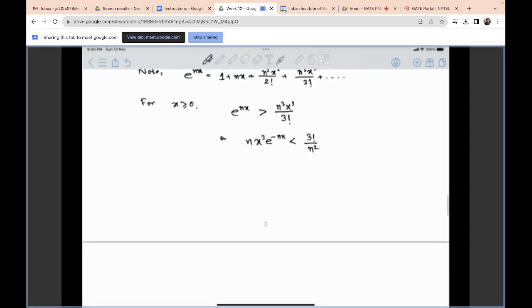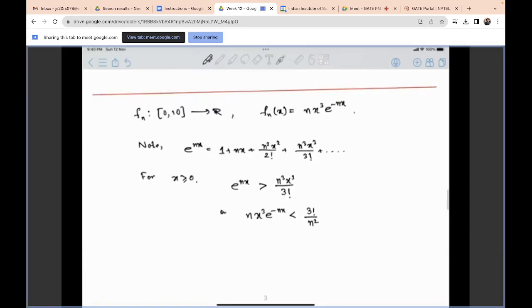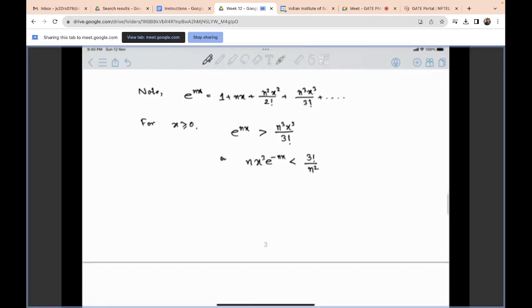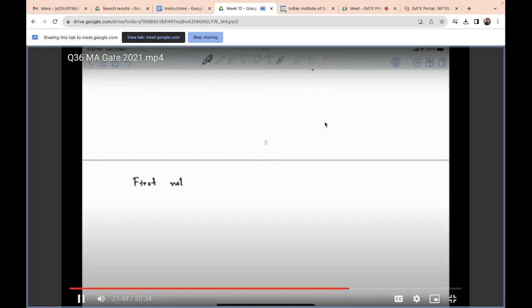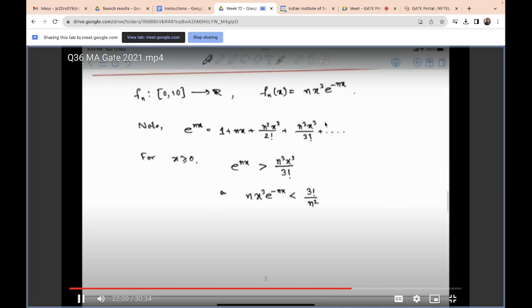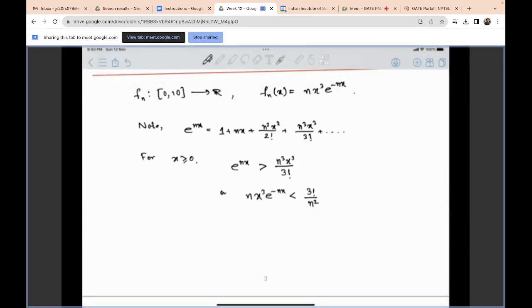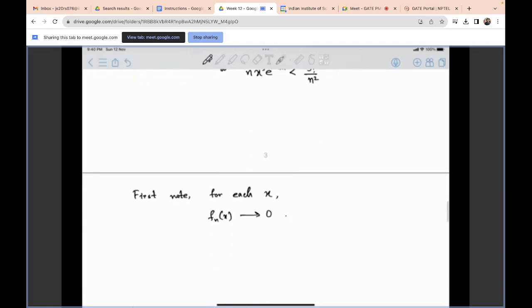So what we have to show? First note that you will use this estimate: x e to the power minus nx goes to 0, since e to the power n goes to infinity. So for each x fixed, this goes to 0.